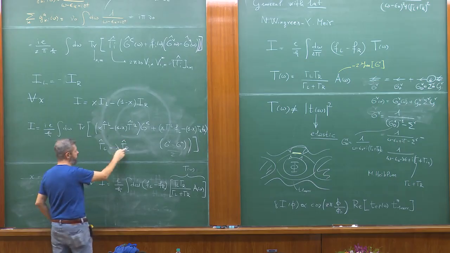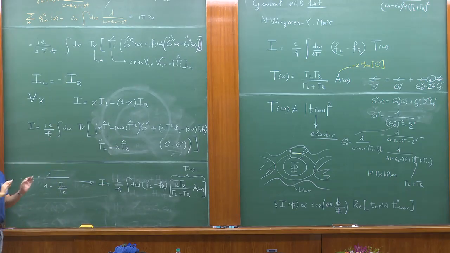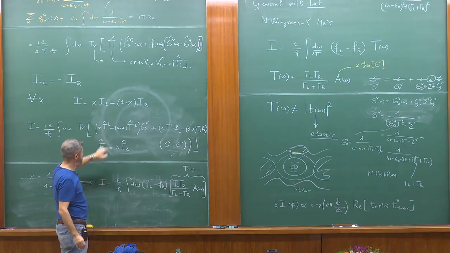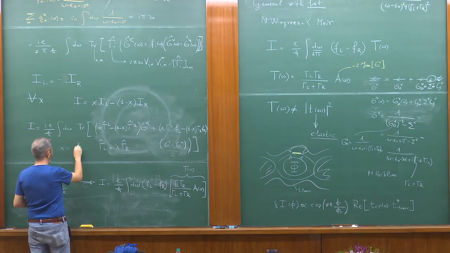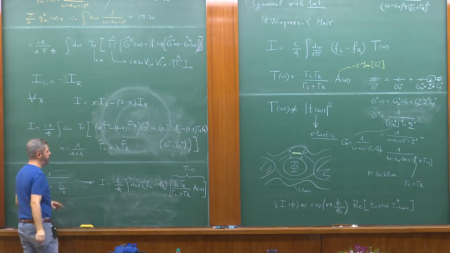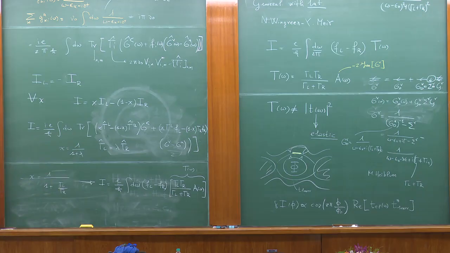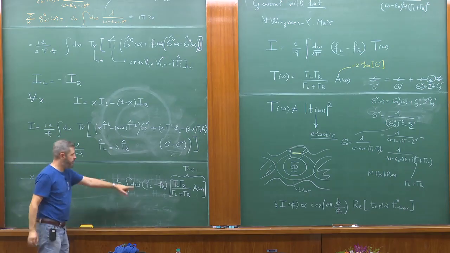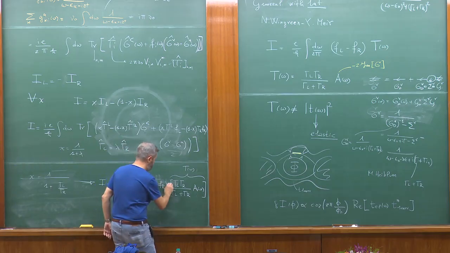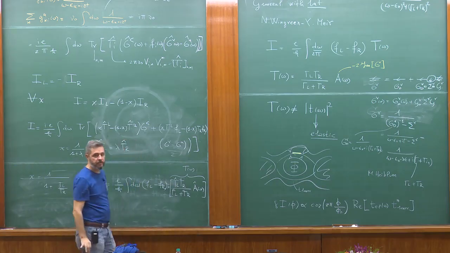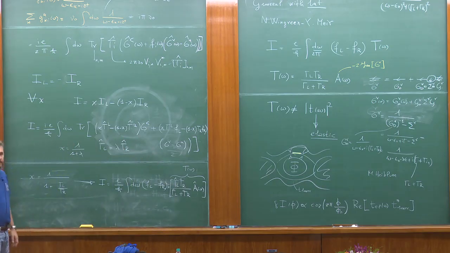So if these two matrices of the couplings are proportional to each other but have the same structure, then you can choose x to be 1 over 1 plus lambda, and then you can eliminate it and get the same result that I got here. The only thing that you will have to do is put a trace and interpret all of these as matrices. This is the only price that you have to pay.